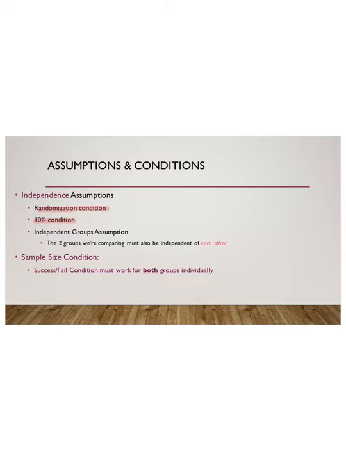The independent groups assumption is something you just have to think about. You don't necessarily have to state it, but remember the two groups we're comparing must be independent of each other. And then the sample size condition, meaning the large enough counts or success/fail, they both have to be at least 10 for each of the groups individually.